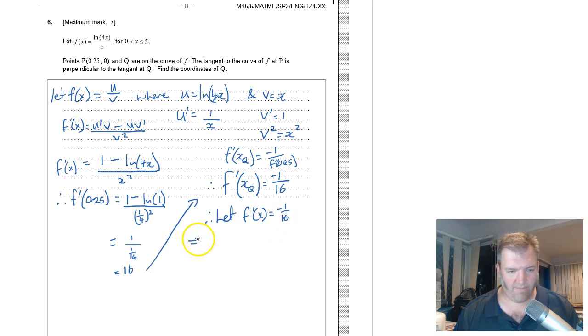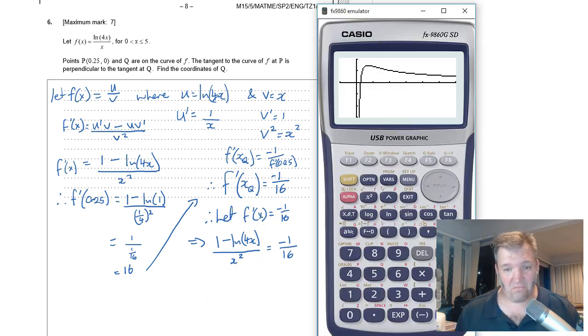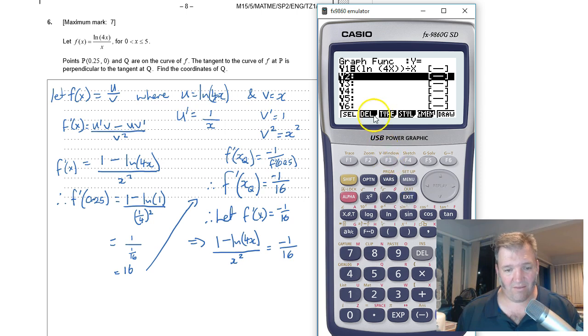What does that give me? 1 minus the log of 4x divided by x squared equals -1 over 16. You can try and neaten that up if you like. I wouldn't be risking making a mistake accidentally doing that sort of thing. I'm going to exit and we're going to put it in here.